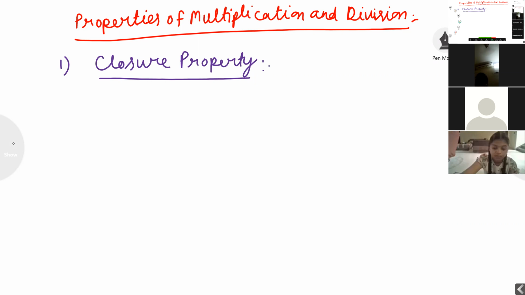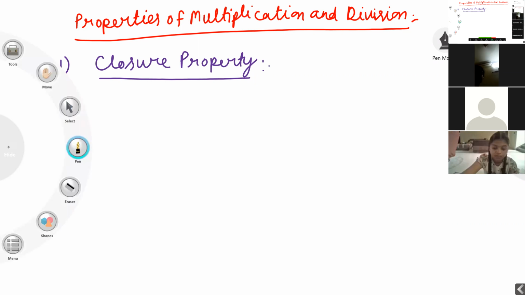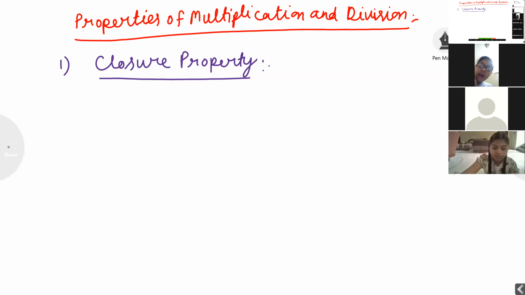Listen carefully, everyone. Suppose I'm writing, students, A into B is equal to C. Next, A divided by B is equal to C. Here A, B, and C are any three numbers.